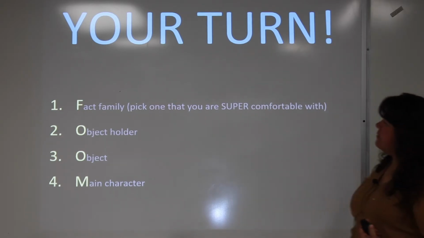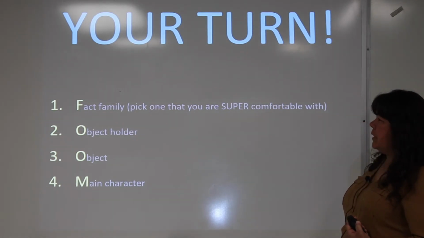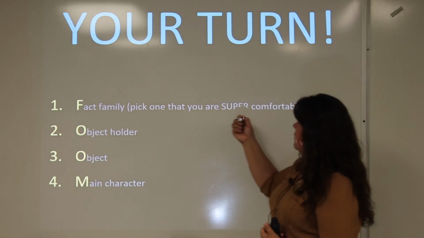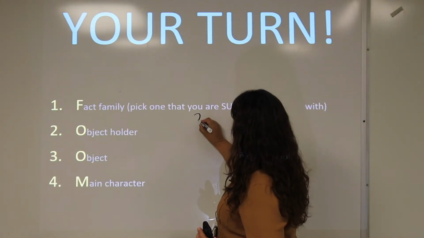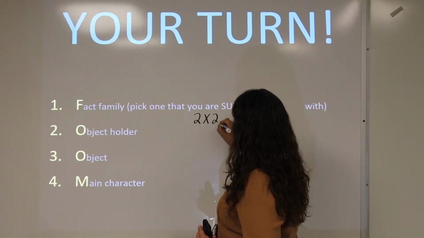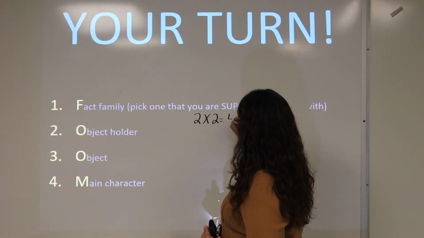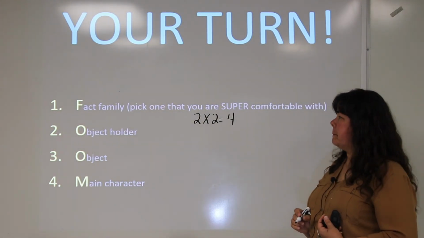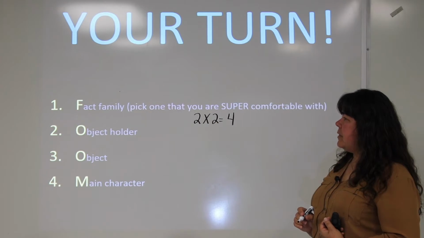So your turn. Fact family, pick one that you're super comfortable with. So I'm going to give you guys one, and then maybe you can do this one. Let's do 2 times 2 equals 4. Think about an object holder that you could have. Anything at all that you want.